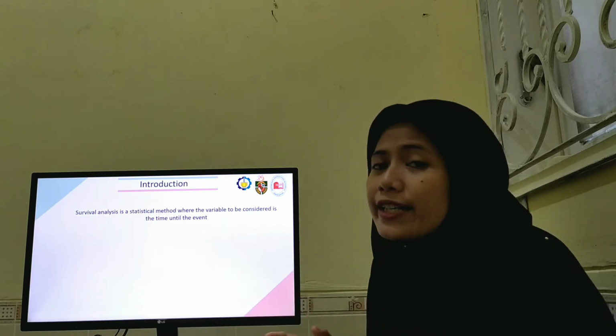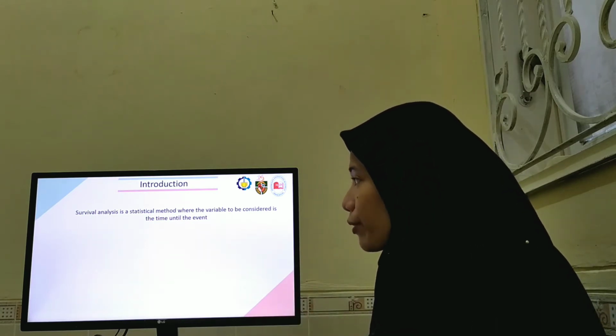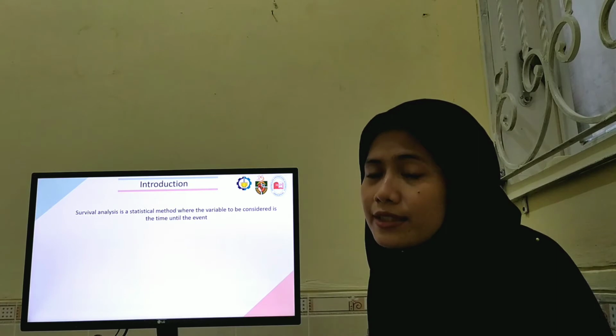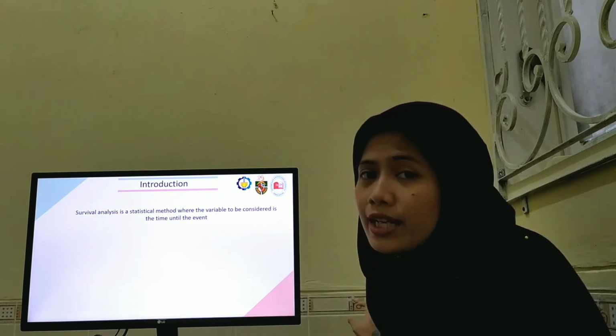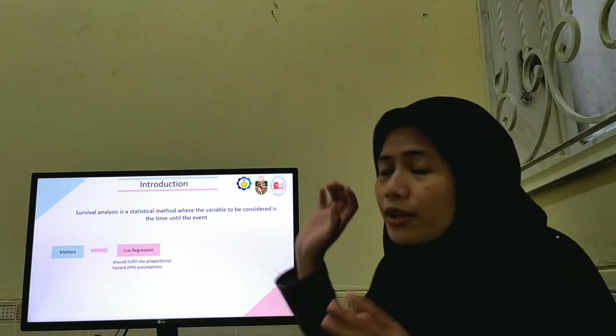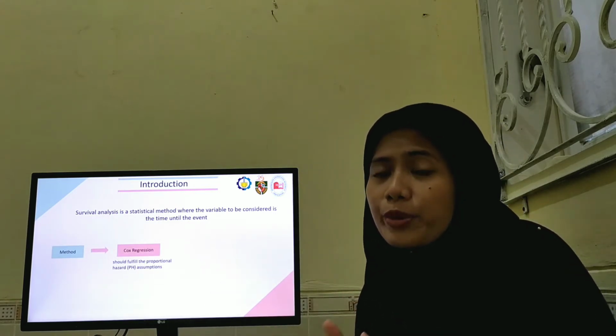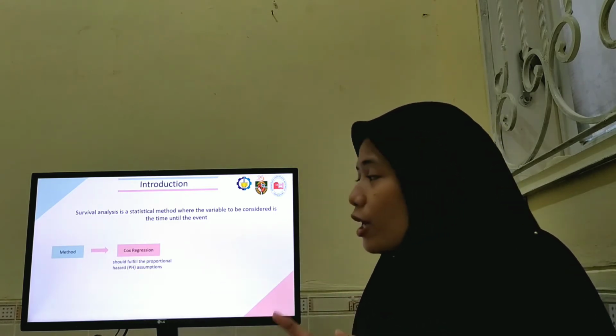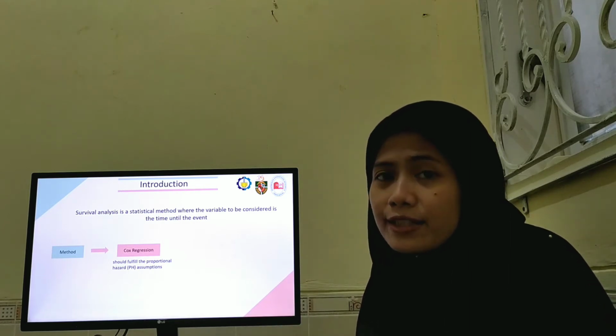Introduction. Survival analysis is a statistical method where the variable to be considered is time until the event. The method that can be used in survival analysis is Cox regression. In Cox proportional hazard regression, the variable should fulfill the proportional hazard assumption.